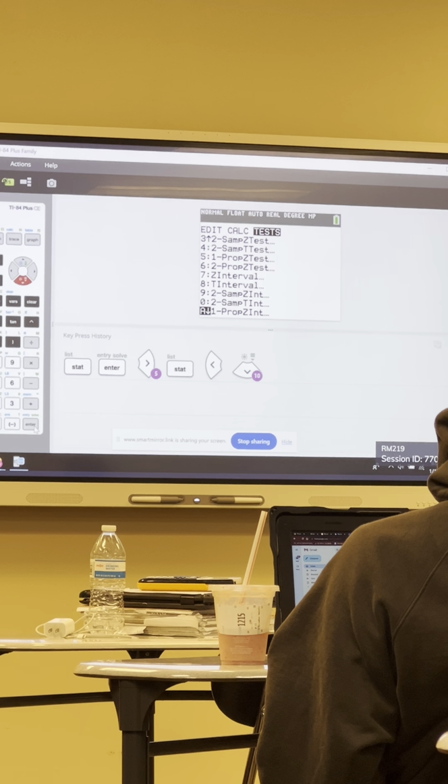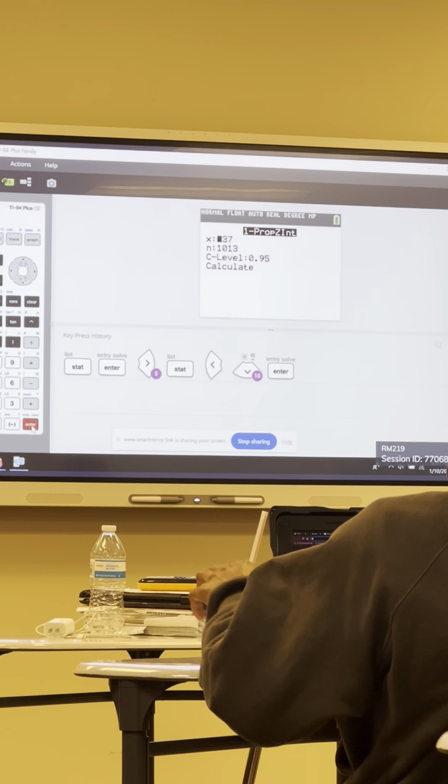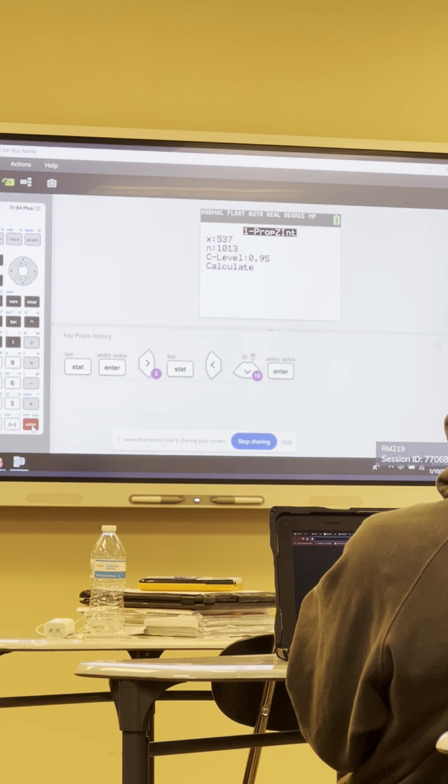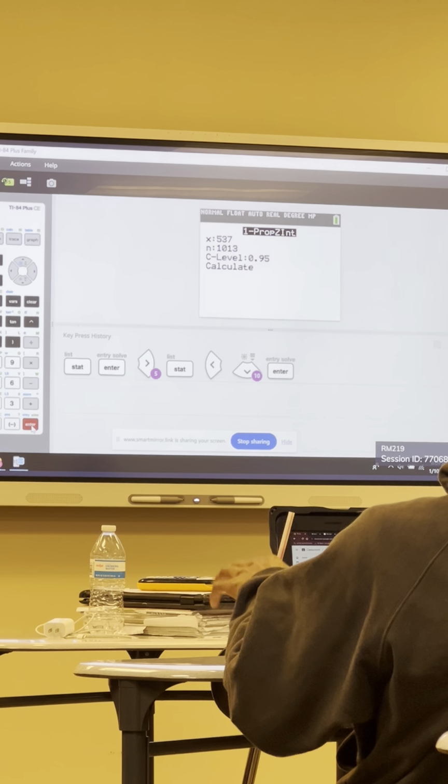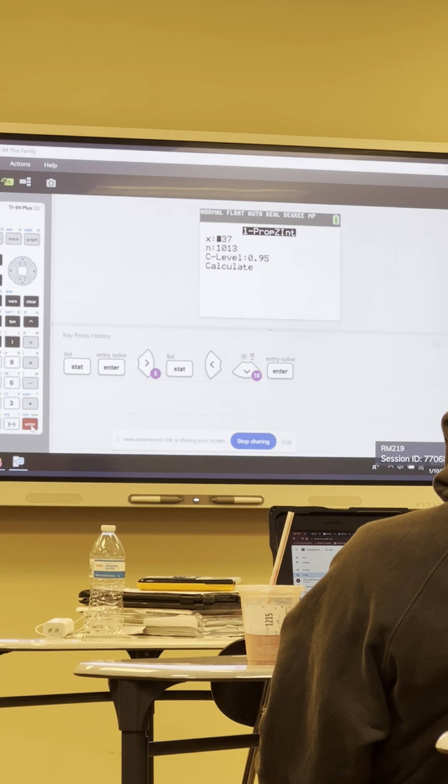You go to the A, 1 proportion Z interval, right? The first number should be 537. This is the situation. The total number of the sample is 1,013, that should be n. n is the sample size, 1,013.